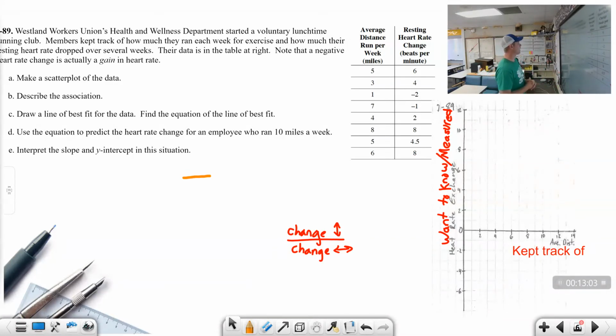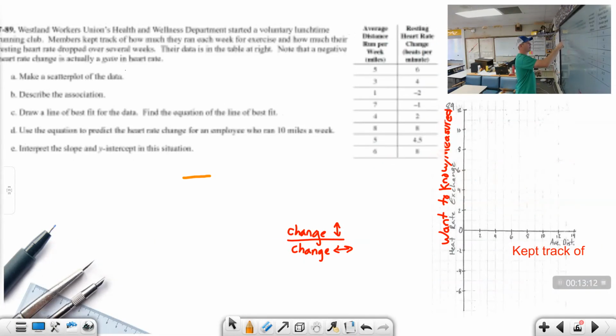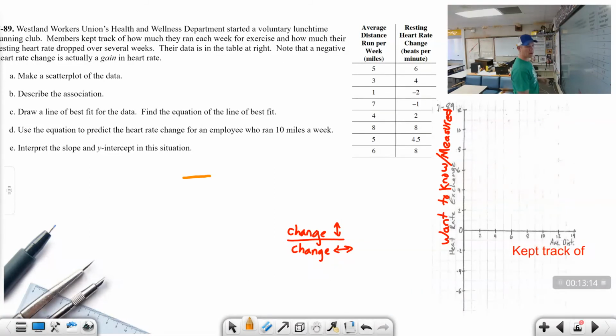So here's what you're going to do. You are going to do these things on your own. I am not going to give you all of it. Make a scatter plot. Off to you in the bottom left-hand corner, you need to make a scatter plot. You need to describe the association. Is it increasing or decreasing? You need to draw a line of best fit.